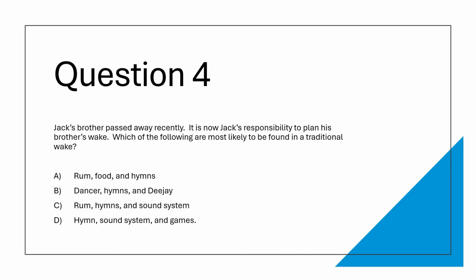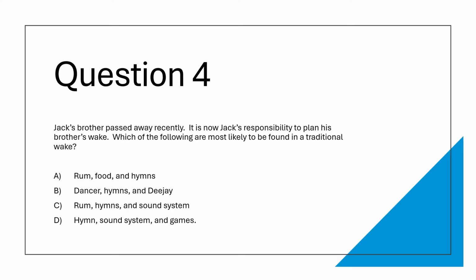Question 4. Jack's brother passed away recently. It is now Jack's responsibility to plan his brother's wake. Which of the following are most likely to be found in the traditional wake? And notice the operative word there is traditional. Yes, traditional.